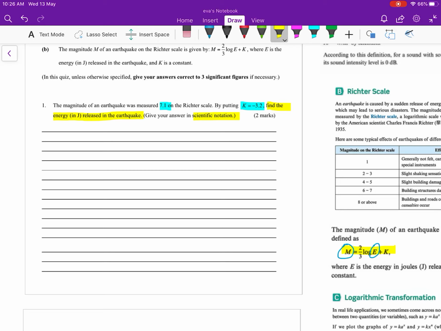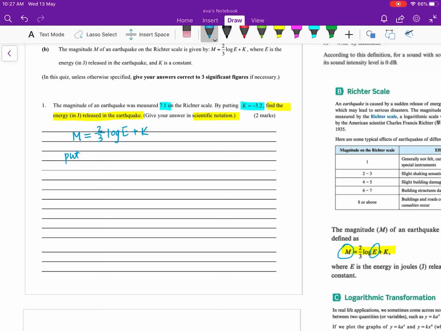So we are going to use the equation M equals 2 over 3 log E plus K, and K is given here, and 7.1 is the magnitude, that means the M.